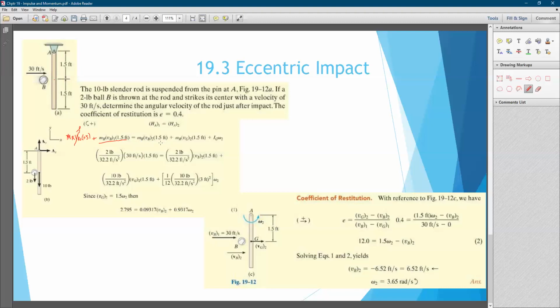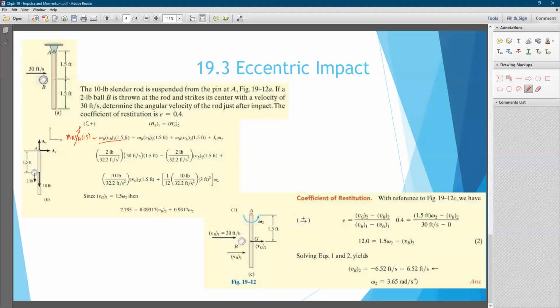On the right hand side, after the impact, the ball will not stick to the rod, because we know that the coefficient of restitution is equal to 0.4. It is not equal to 0.